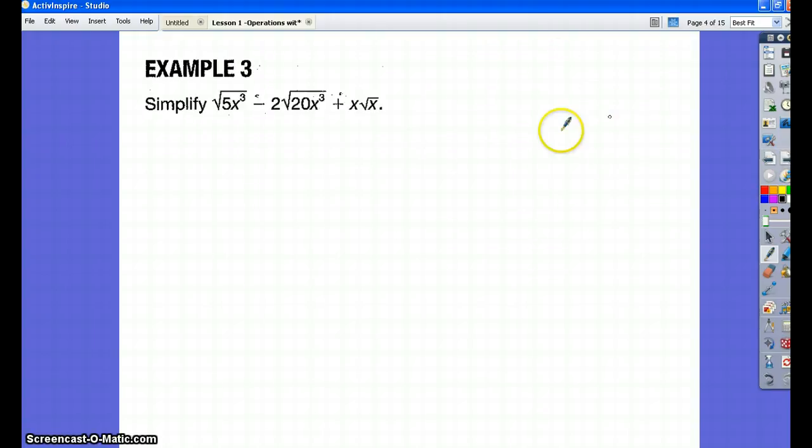The last example. So that's the square root of 5x cubed minus 2 times the square root of 20x cubed plus x times the square root of x. So remember, if it has the same variable underneath the radical and the same exponent, then you can combine them. But if they don't, you can't.